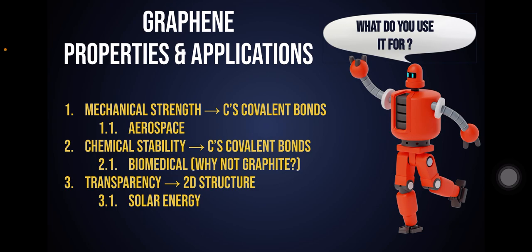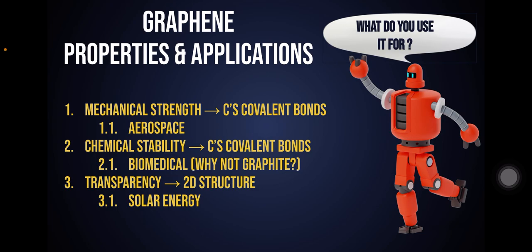Graphene has such a high mechanical strength, and because of that, it's used in industries such as aerospace and automotive. And an interesting fact that I didn't know about, and ended up discovering after doing some research, is that graphene is actually 100 times stronger than steel when it comes to tensile strength, which basically makes it such a good material that's going to be resistant to deformation and damage. Hence, the applications of graphene in the aerospace and automotive industry.